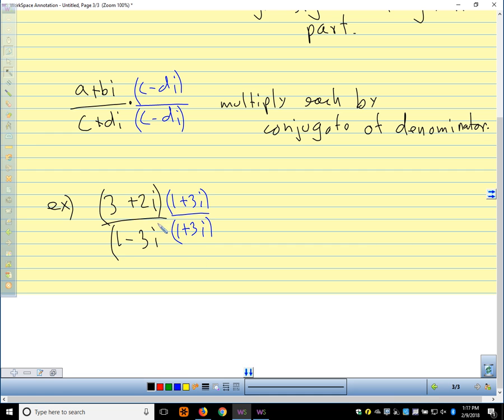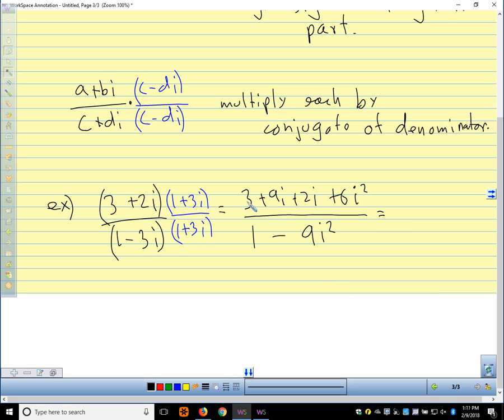And now we just have a big multiplication problem. So we're going to do this numerator. We get 3 plus 9i plus 2i plus 6i squared. And in the denominator, I get a plus 3i, a minus 3i. So those go away. And I get a minus 9i squared.